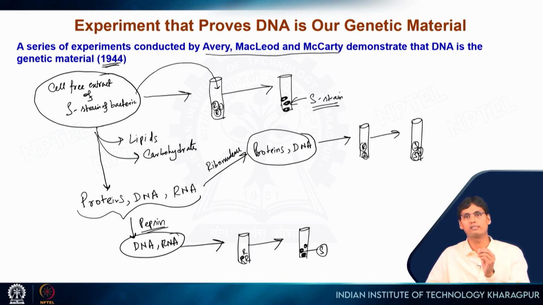So that portion should be of very high molecular weight, and only that bottom fraction of the ultracentrifuge tube can transform R strain into S strain. Therefore, they again predicted that some very large polymer is responsible for this transformation.